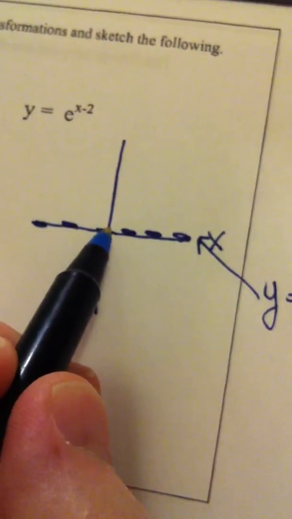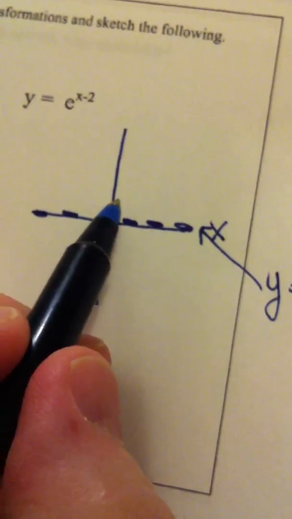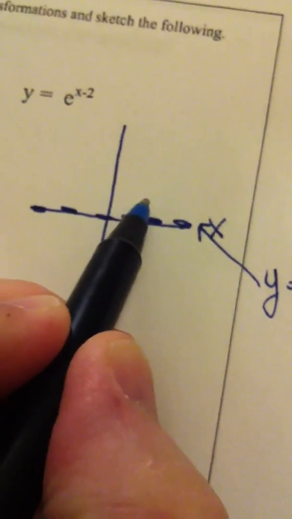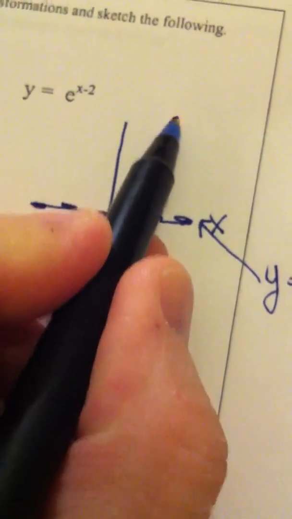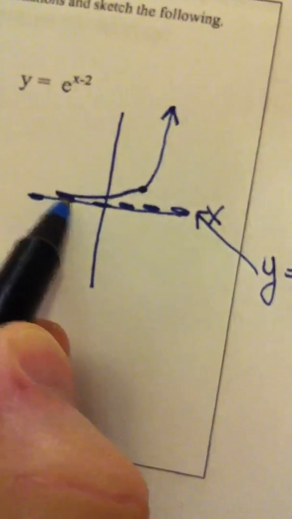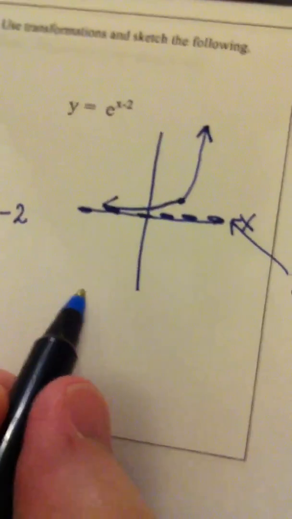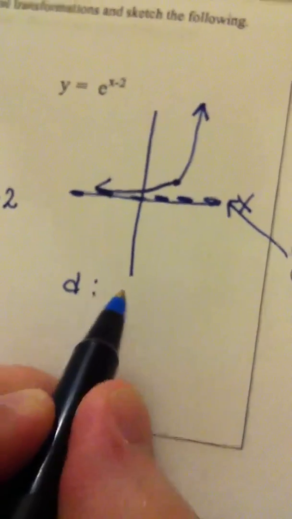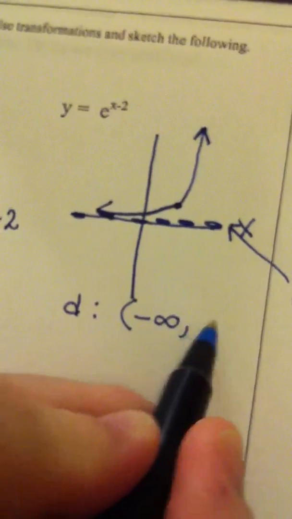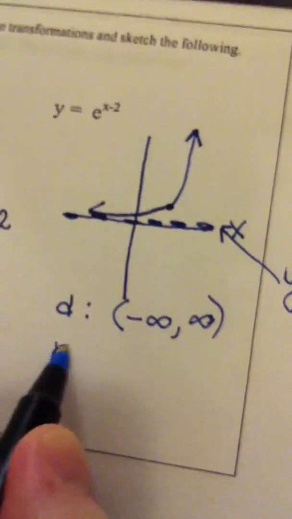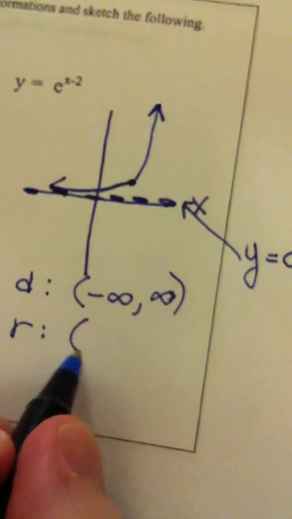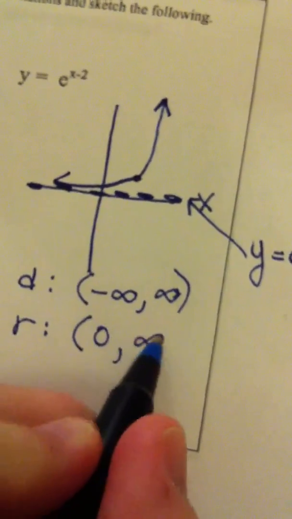So instead of this being the ordered pair 0, 1, we're over here somewhere, and that's where the graph kicks in. So the y-intercept is different, but the domain and range are the same. The domain is all real numbers, and the range would be all numbers greater than 0, all reals, but not including 0.